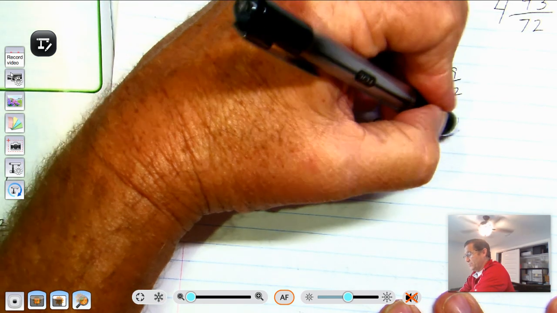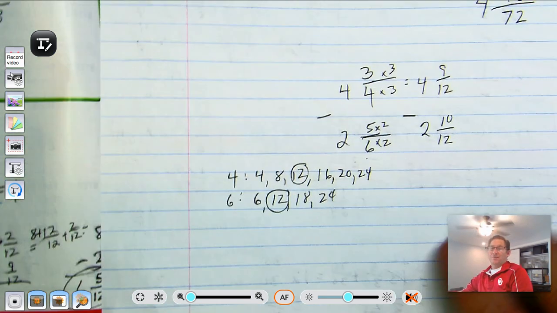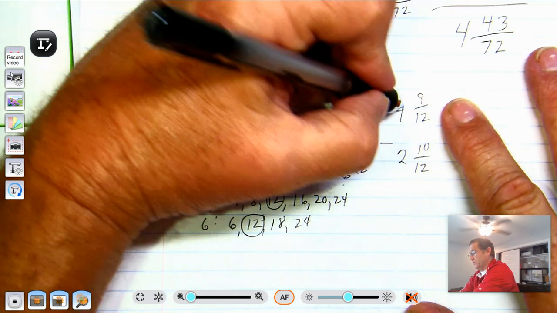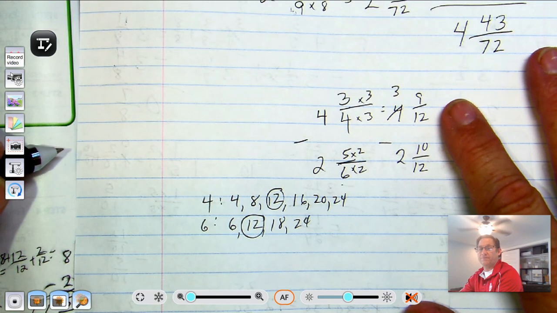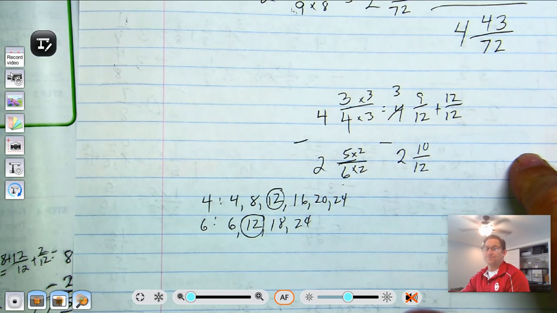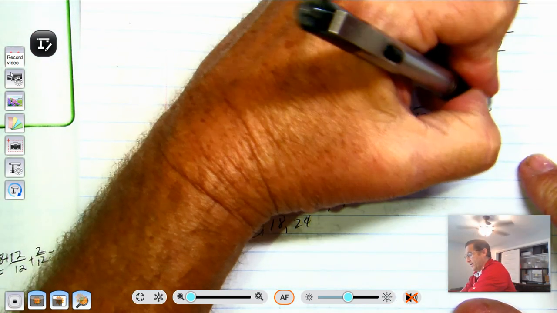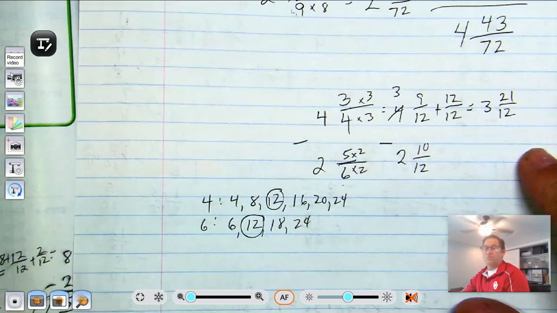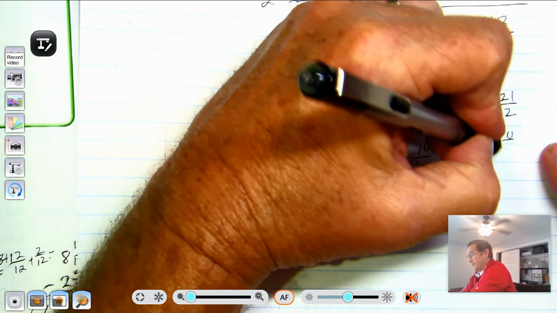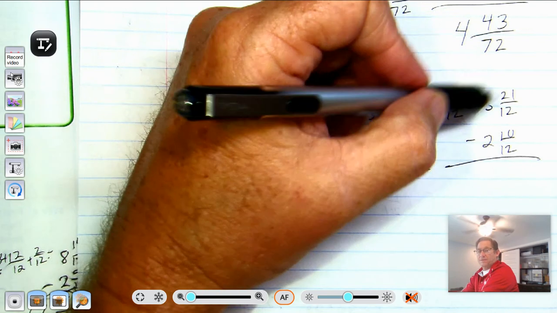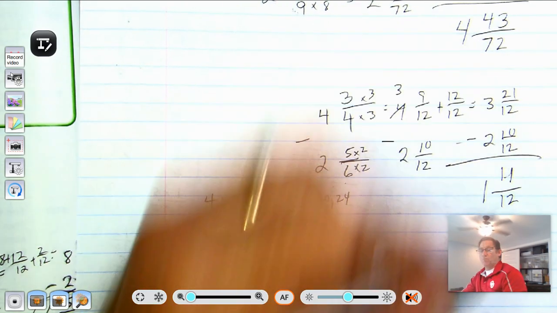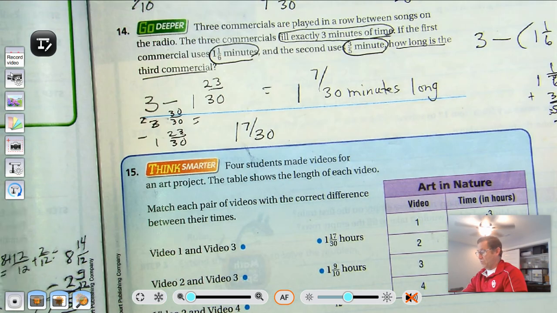That's going to give me 2 and 10/12. Well, I cannot take 10/12 from 9/12. So let's rename the 4 as 3 plus 12/12. That's going to give me 3 and 21/12, because 9 plus 12 is 21, minus 2 and 10/12. Subtract that, we get 11/12, and 3 take away 2 is 1. 1 and 11/12.